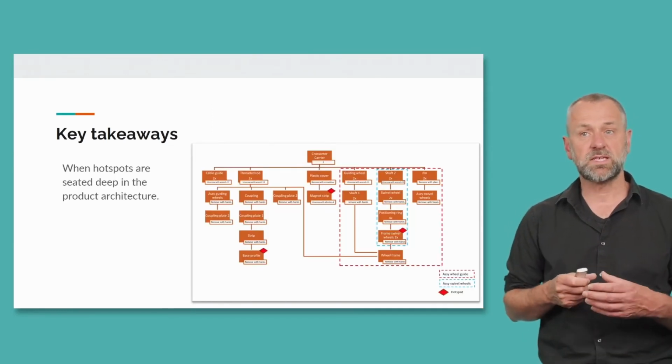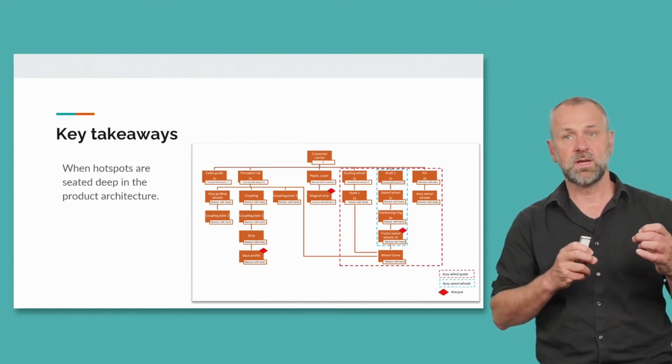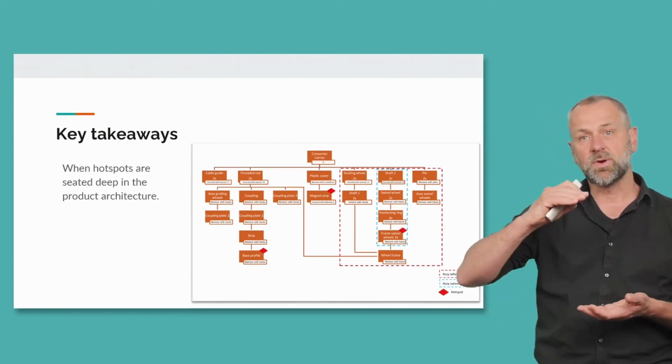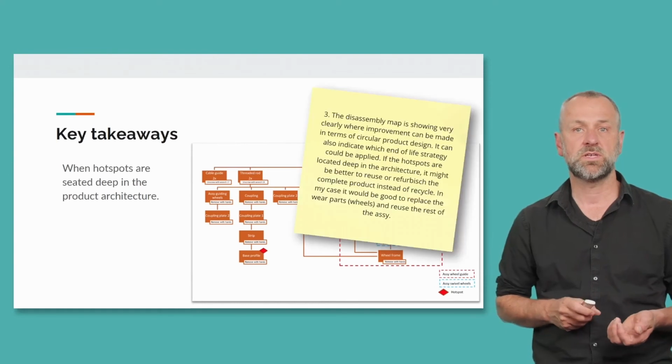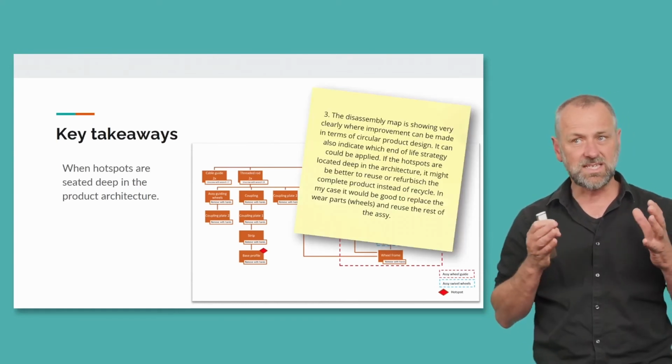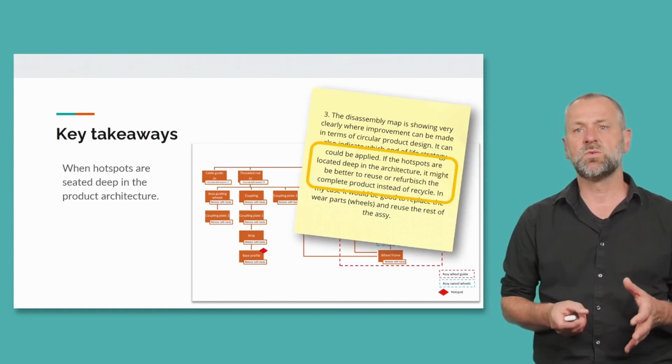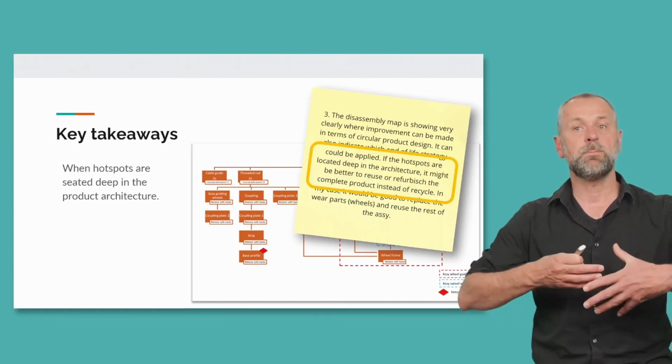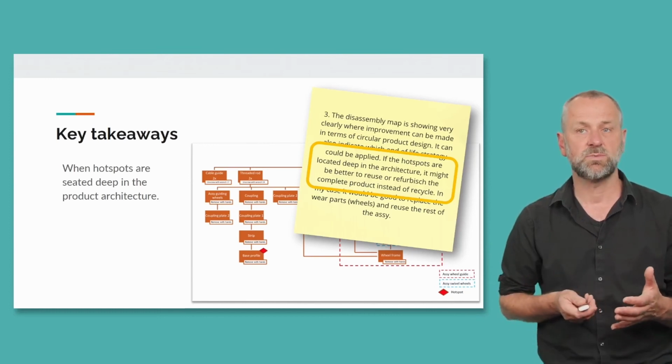Based on a hotspot analysis on the disassembly tree from Robin, you can pinpoint how deep hotspots are seated in the product architecture. When these priority or valuable parts are seated very deep, it is better to redesign your product architecture and make those valuable parts easily accessible.